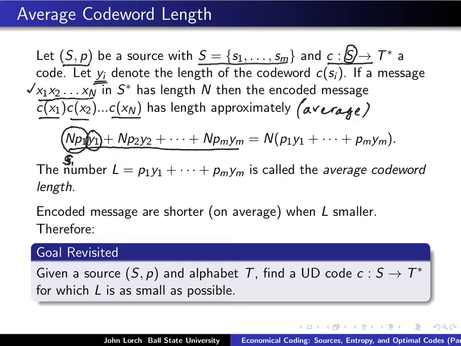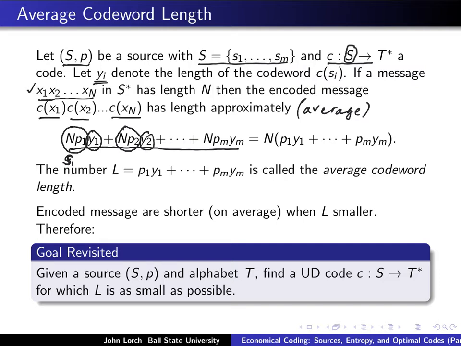We just keep doing that. In the second term, N times p2 is the expected number of s2's in the message, and then we multiply by the length of the code word associated to s2, and that gives another contribution to the length of the coded message.